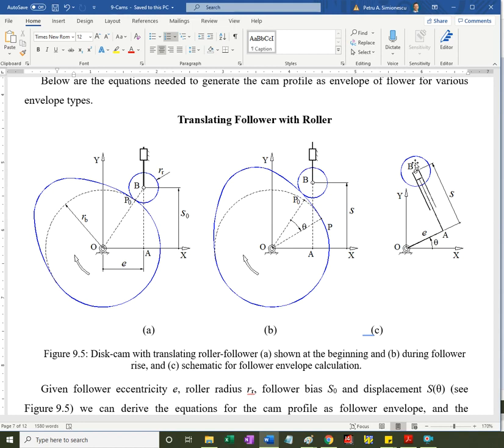We used to generate the cam at the end. The multiple envelope follower, and those envelopes.